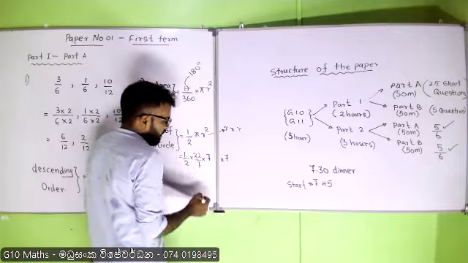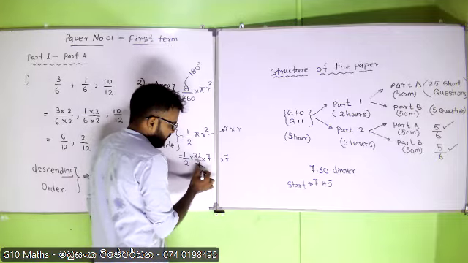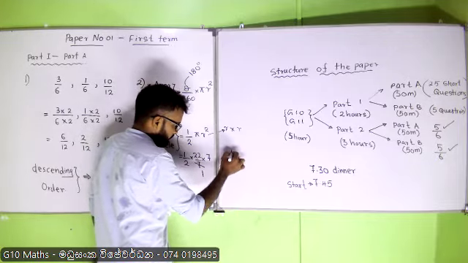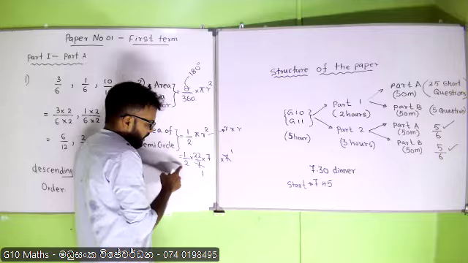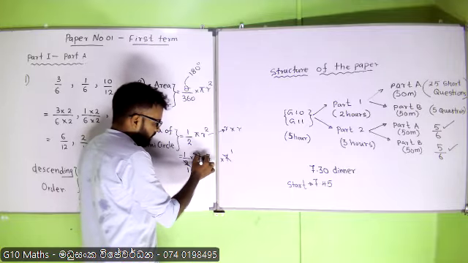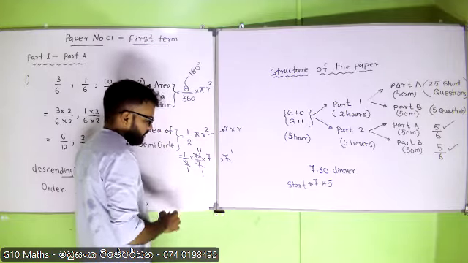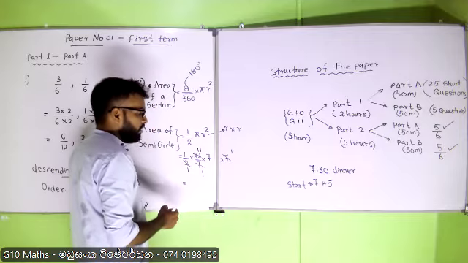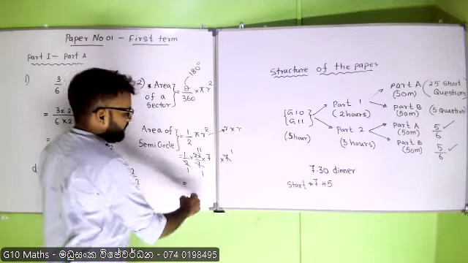In the denominator I have 7, 7 times 1, and in this denominator you have 2 times 1. So the area can be written as 11 into 7, 77.